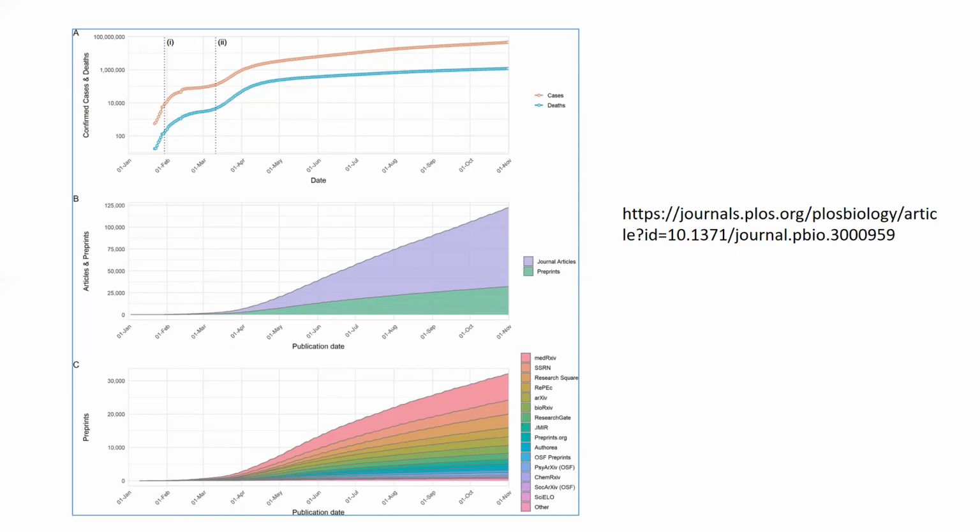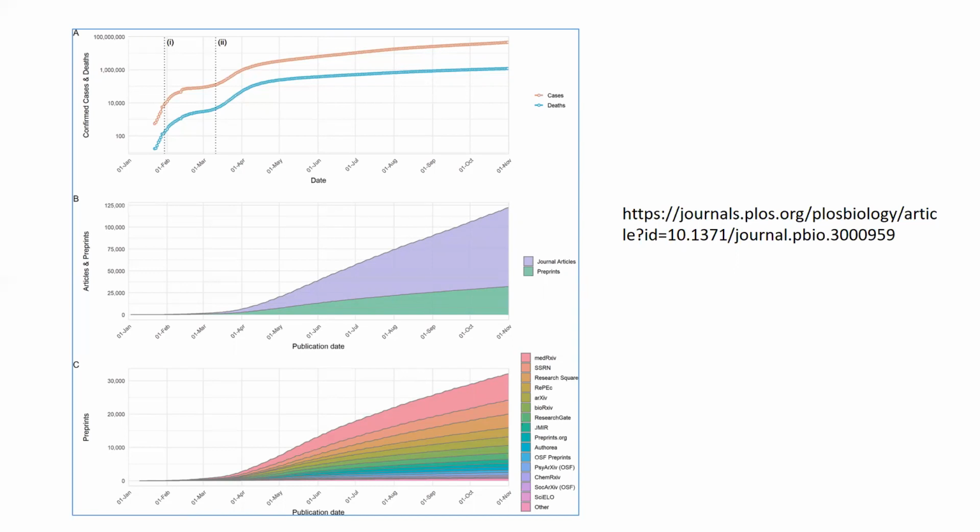There was a companion site to arXiv called bioRxiv or medRxiv that started up. But especially clinical researchers were understandably very reluctant to put clinical research out that hadn't been properly peer reviewed and vetted through the cycle. But COVID changed a lot.